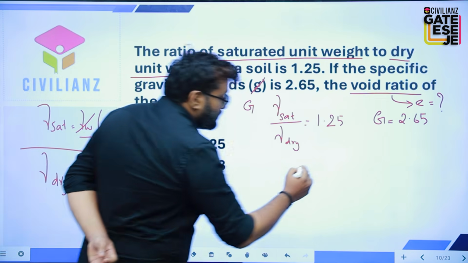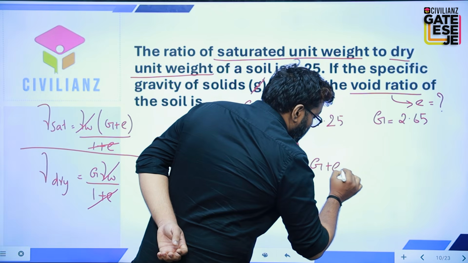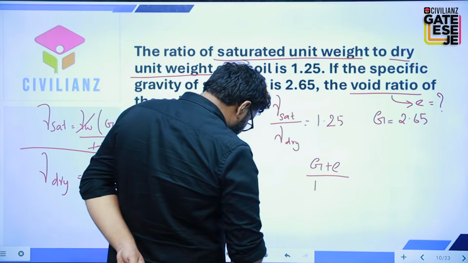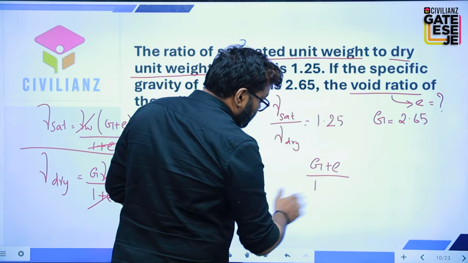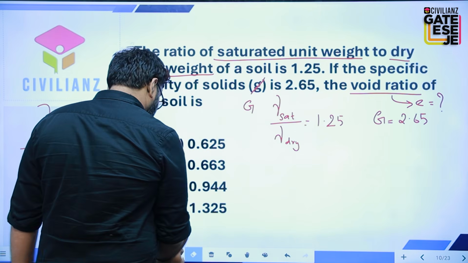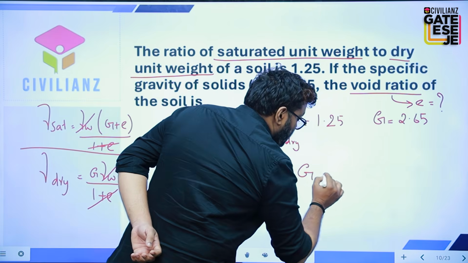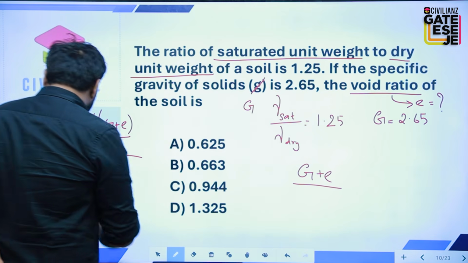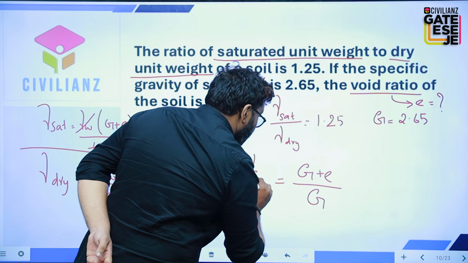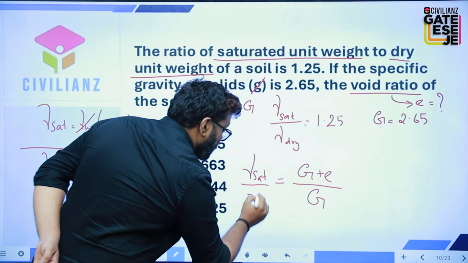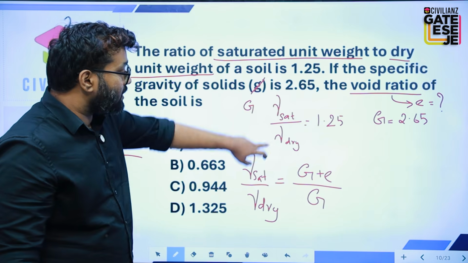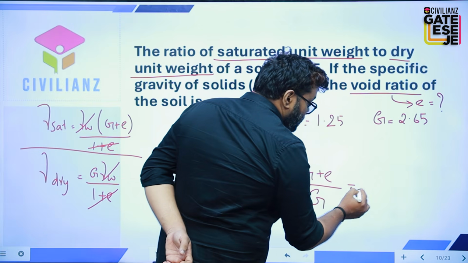So we will get (G plus e) divided by G is equal to gamma sat by gamma dry. The value of gamma sat by gamma dry is given as 1.25.